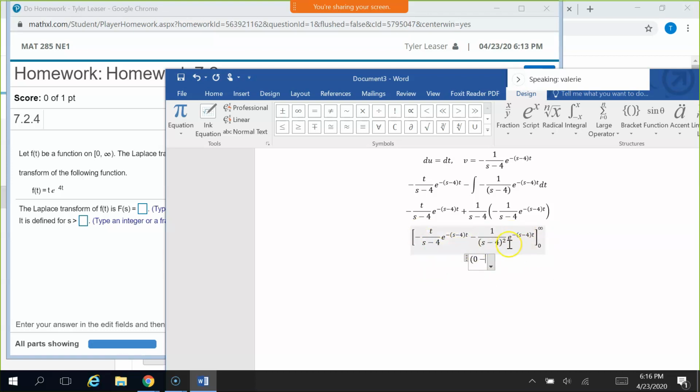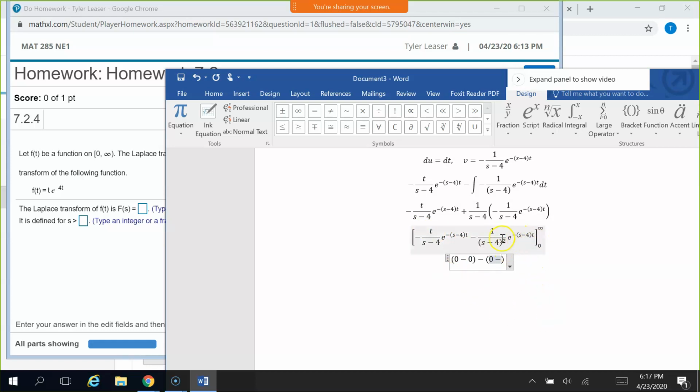The second term, when I plug infinity into that, my denominator has the e in it, so it's going to go to infinity, which makes the whole thing go to 0. Minus plugging 0 into both of these things. When I plug 0 into the t for this first term, because of this t up top, it goes to 0.